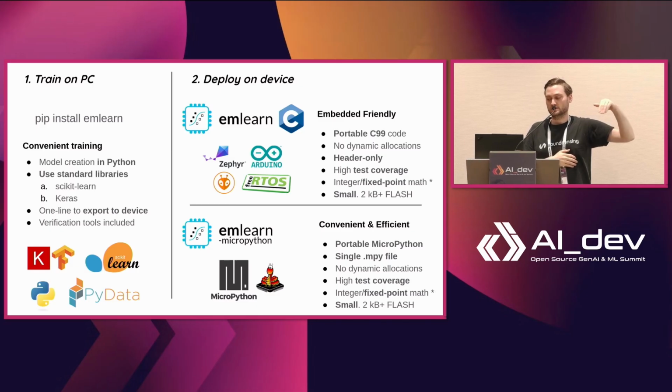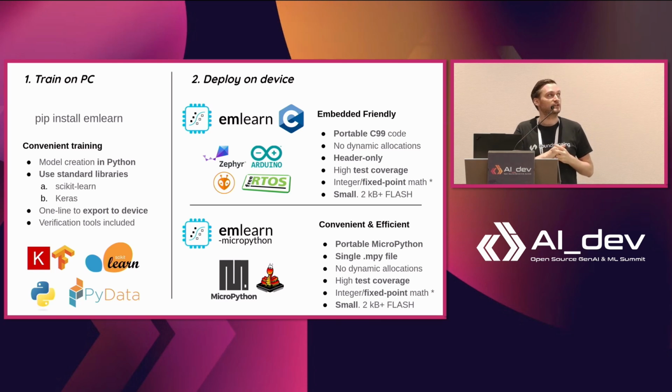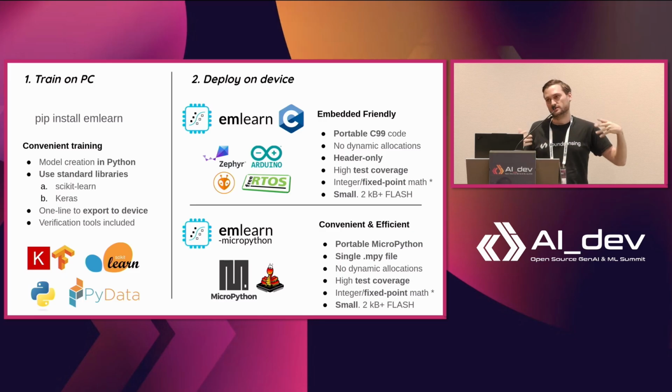There are two options. There is a C library, which is the low-level core, and that is portable C99 code, embedded friendly, no dynamic allocation, etc. So keeping a professional standard on that. And it can be used on any platform that can run C, which is basically any platform in these kinds of environments.